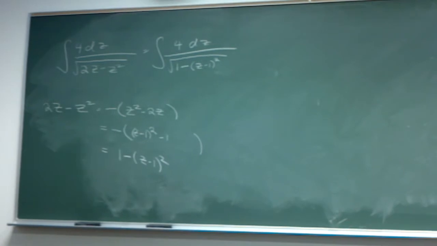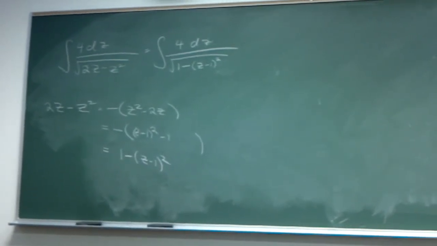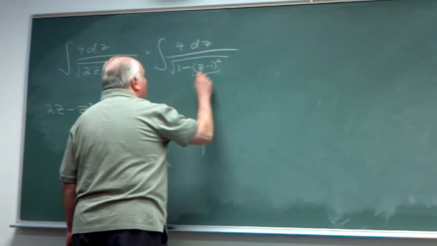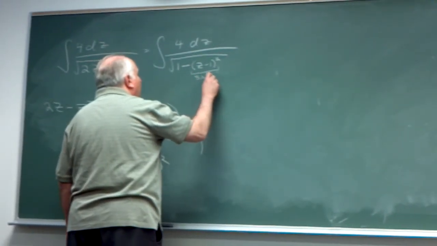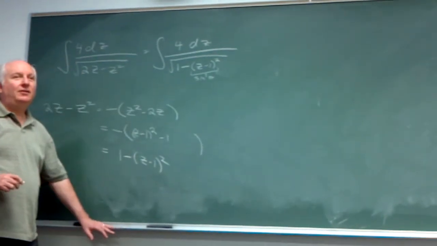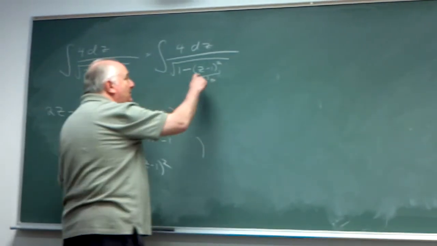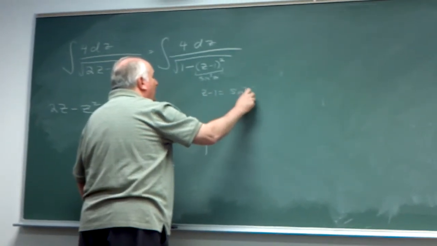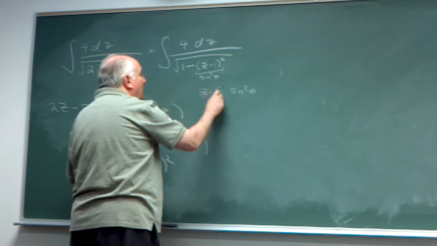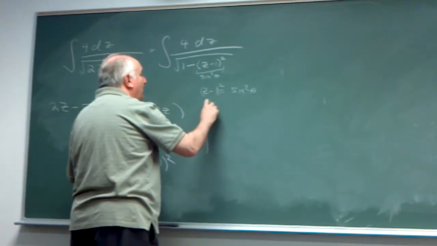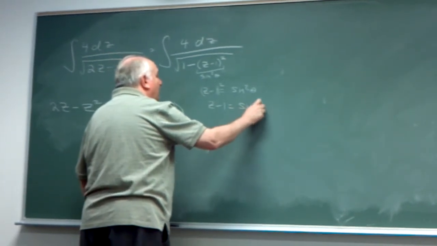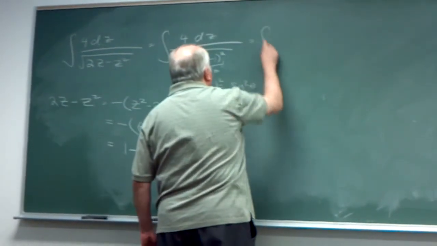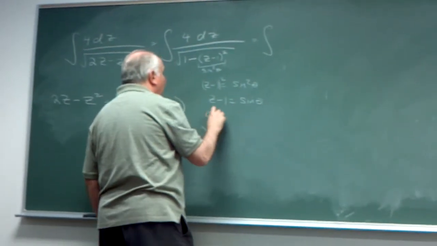To do it all in one step, I can replace z minus 1 squared by sine squared. Well, how do you replace z minus 1 by sine? By letting z minus 1 equal sine of theta. Then dz is cosine of theta d theta.